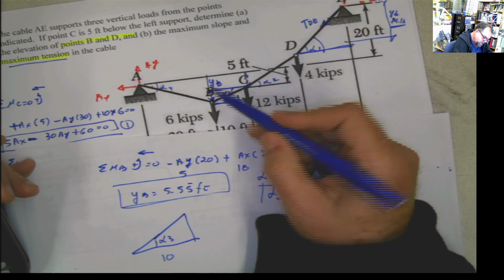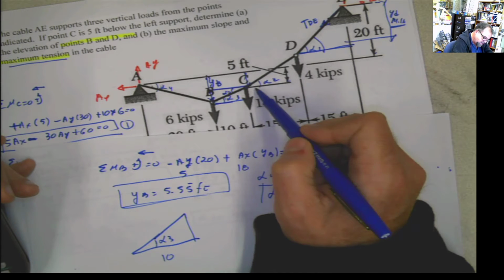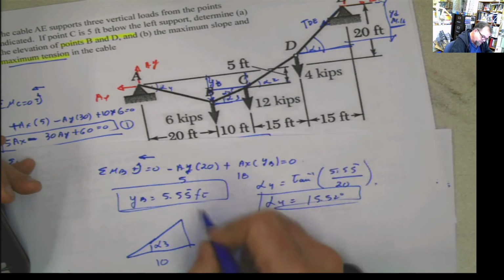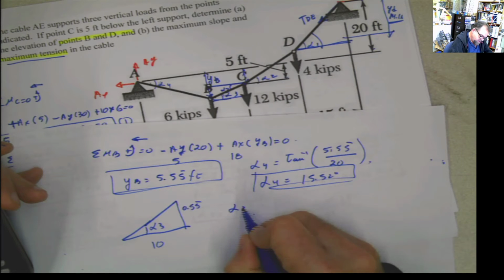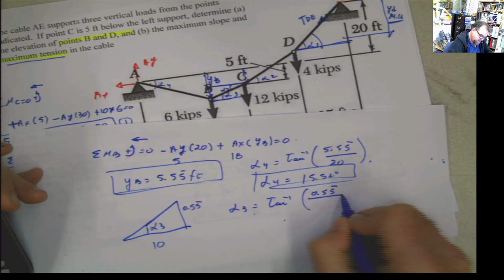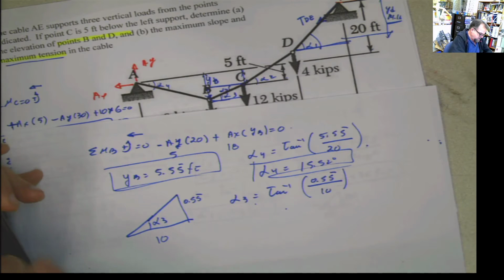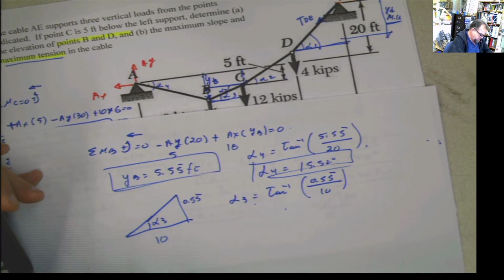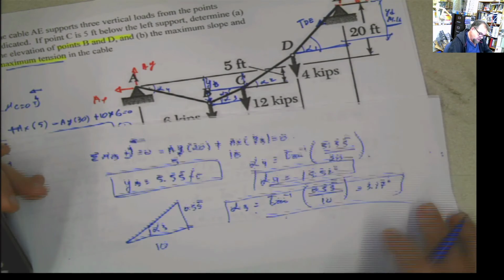Because the total distance is YB and this distance is 5, so this is going to be 0.55, and alpha 3 is going to be inverse tangent of 0.55 divided by 10, which is 3.17 degrees.